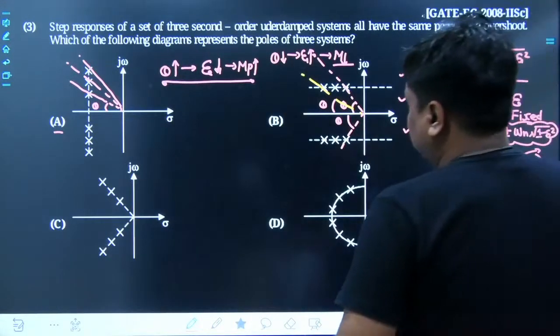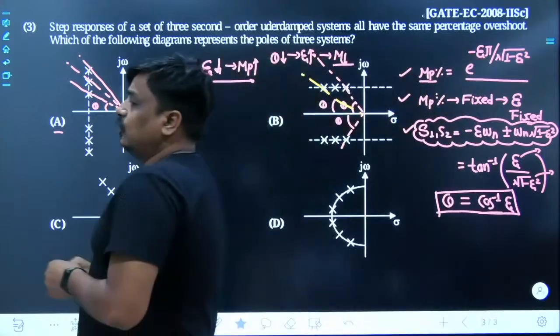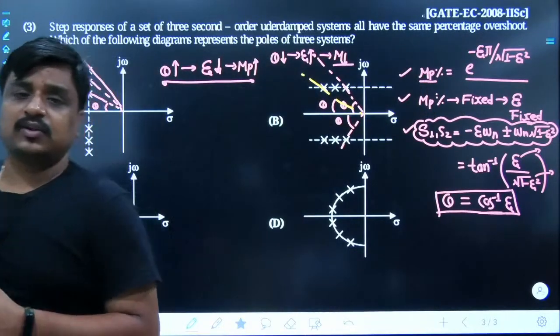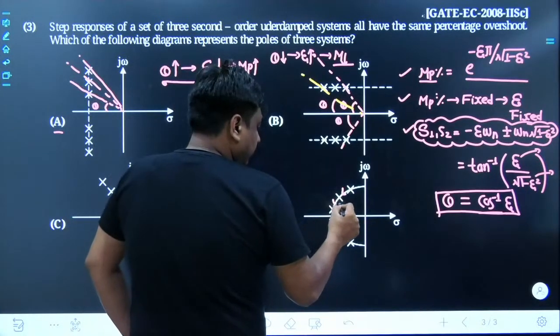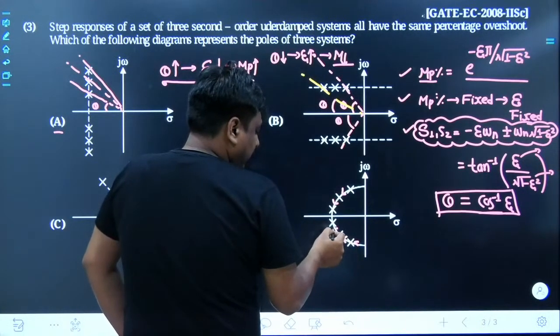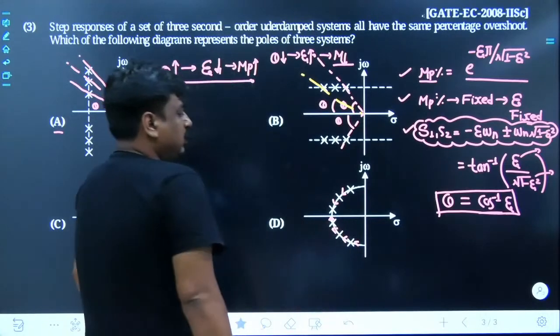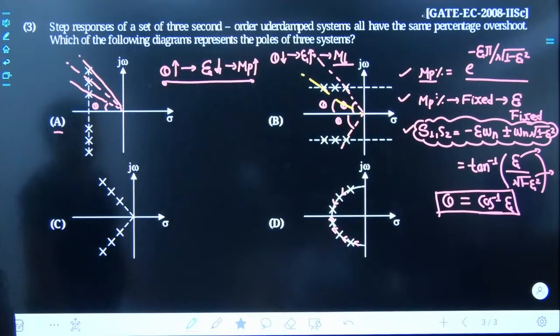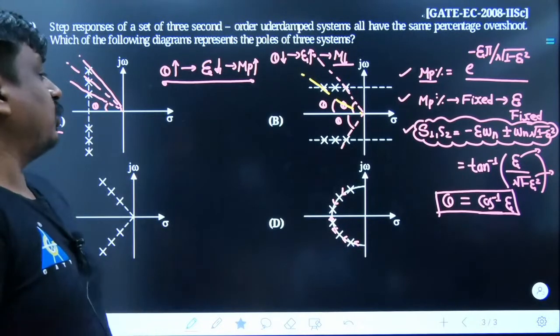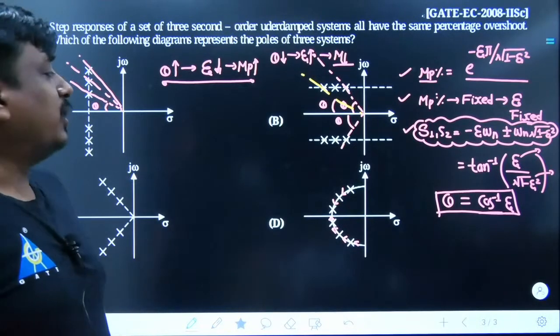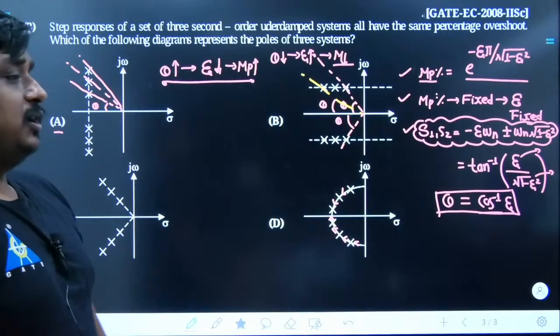Tell me what would be the effect on MP over option D. What would be the effect on MP over option D? I would say it keeps going in this way. I repeat, what would be the effect on MP? Would it increase, would it decrease, or would it remain constant?